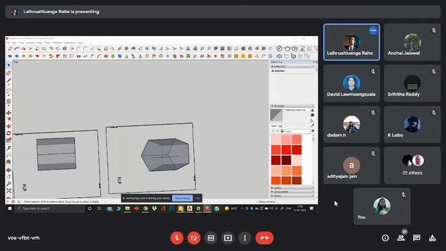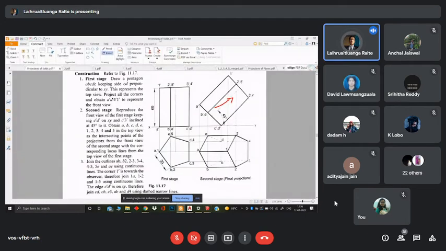All right. So how do we do that manually? We first get our pentagonal base, or our top view, as if our solid is perpendicular to the horizontal plane first, in such a way that we get the true profile of our solid first. And then we have our front view.